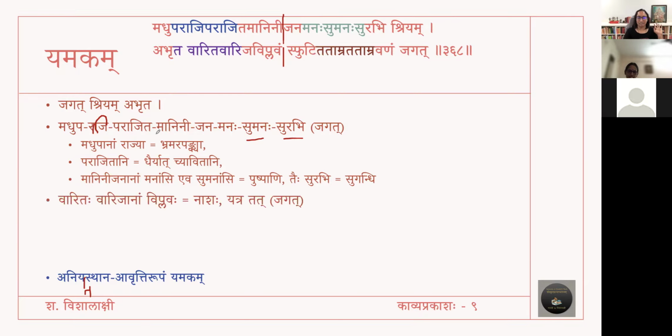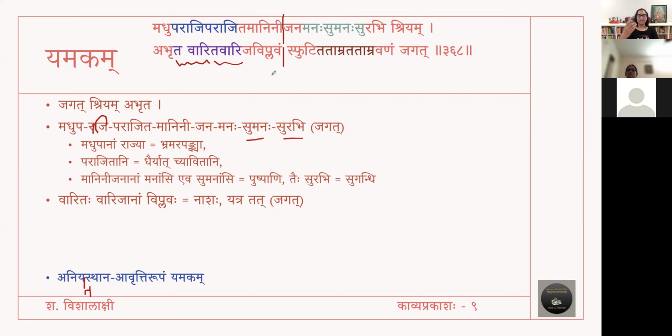This is one adjective here. The next is Varita Varija Viplavam. Okay, the Yamakam starts from here, right? So, Varita Varijanam Viplavam Nashaha. During Shishira Kalam, the lotuses are all destroyed by frost.